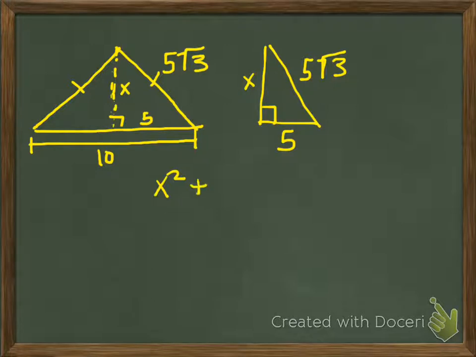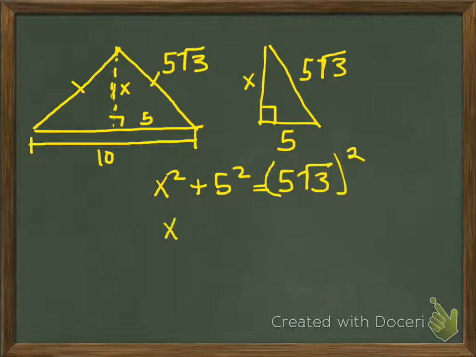So x squared plus 5 squared equals 5 times the square root of 3, the entire quantity squared. So x squared plus 25 equals, and remember when you square a radical you square the 5, so that's 25, and you square the square root of 3, and if you square a radical you just pull it out of the radical, so that's 3.